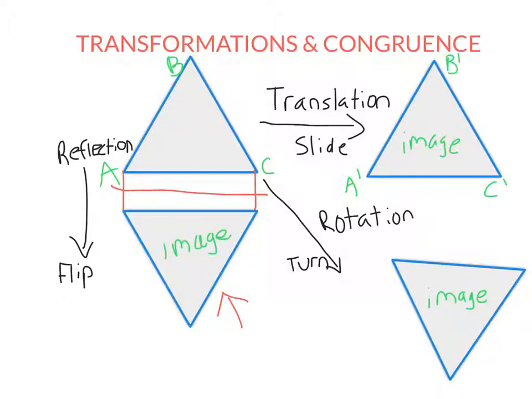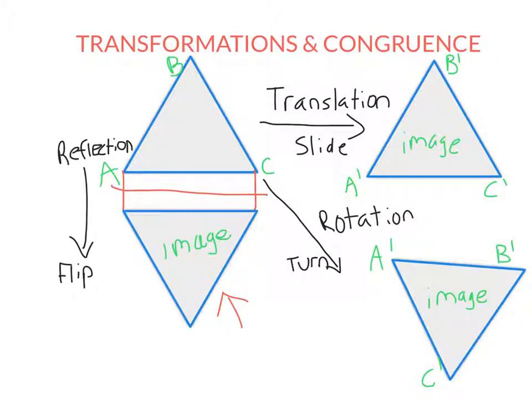So you can observe which transformation has occurred by observing what has happened to the vertices. A, B, and C, all the vertices have just been slid along. That's how I know a translation has occurred. In the shape down here, if I label this A dash, B dash, C dash, it's much clearer that a rotation has occurred because I can see that the vertices have just been rotated.